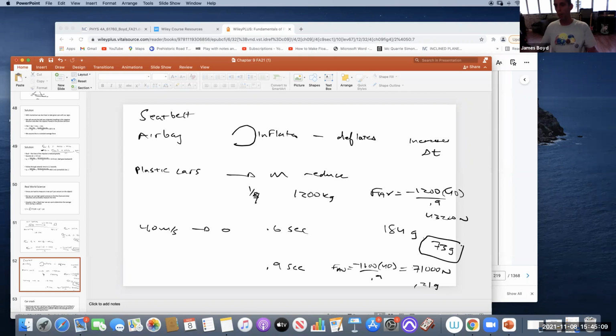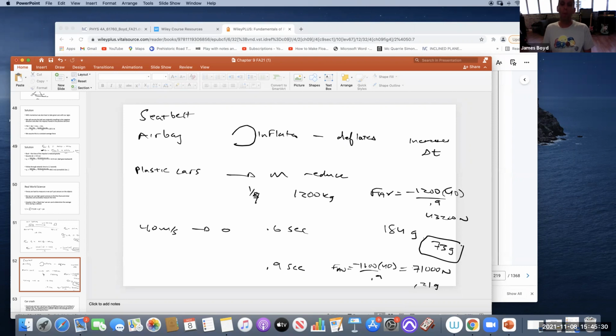Certainly not great, right? You're probably not going to survive that. But basically, by having a breakaway car and an airbag, we reduced the acceleration your body felt, the average force your body felt being slowed down, by more than half.